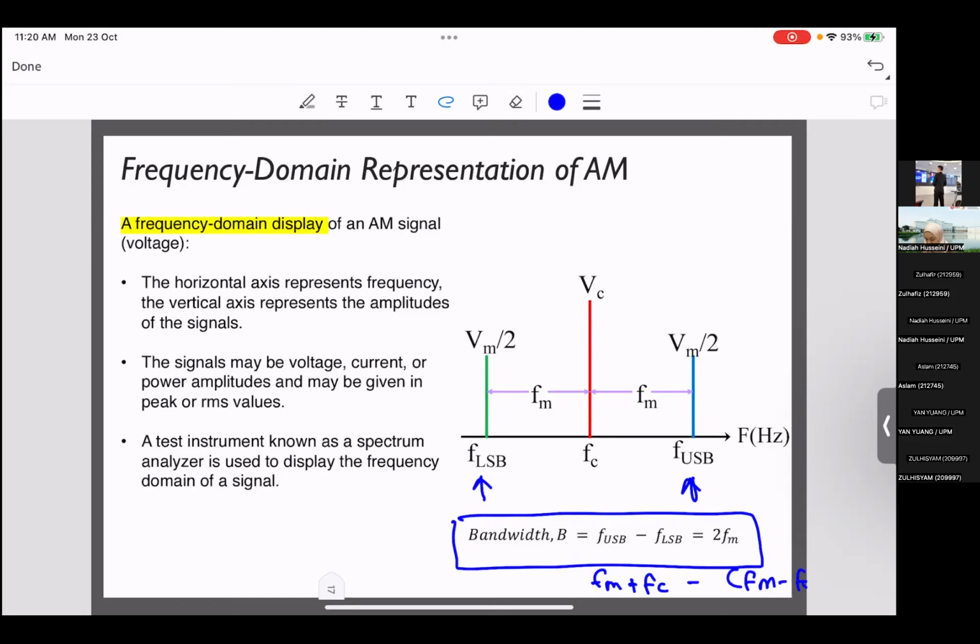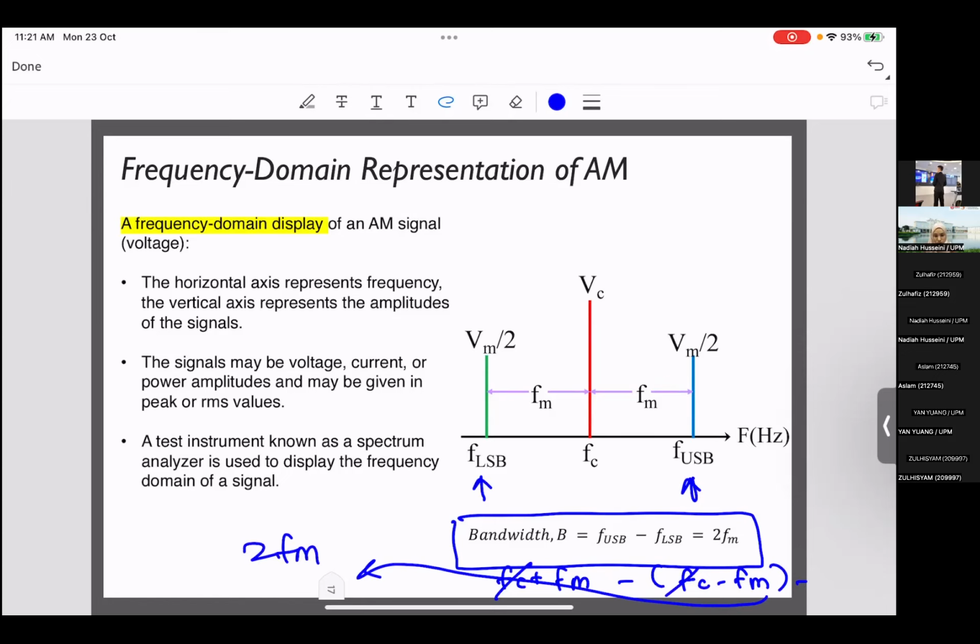So basically you would get FC plus FM minus FC minus FM. You would get FC cancelled out, and FM minus FM would give you 2 FM.